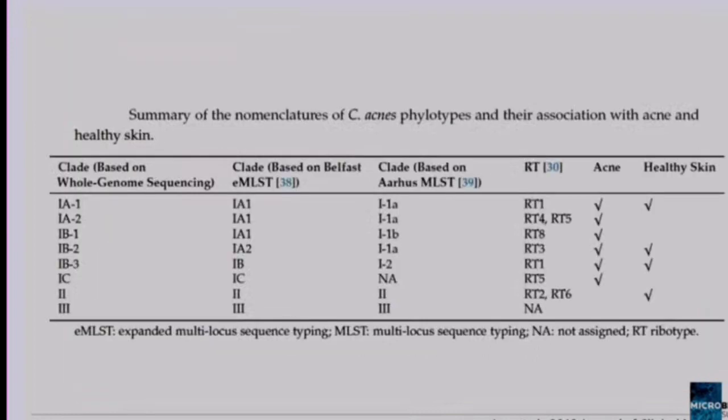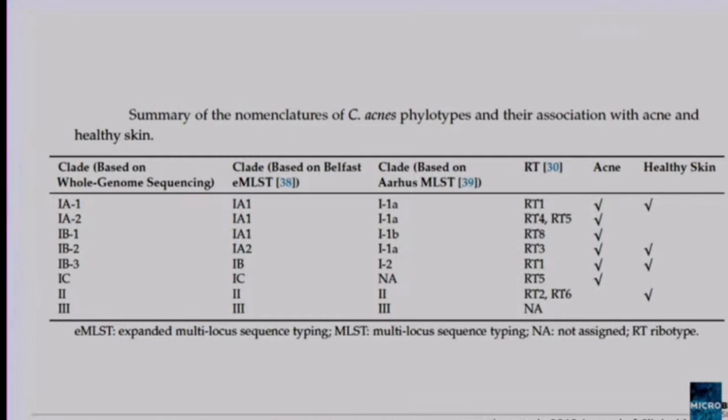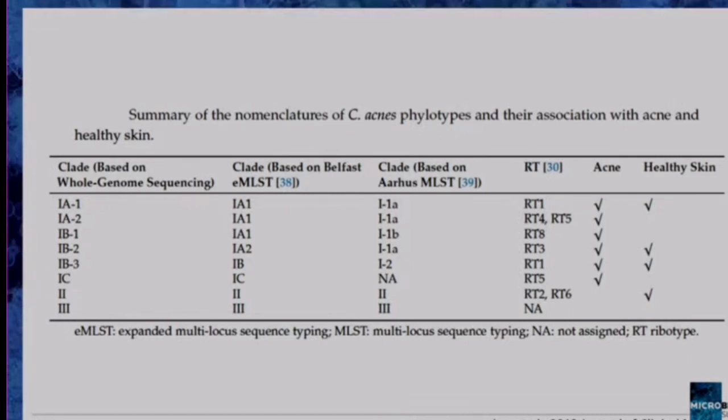This is a table that shows different typing methods, including the clade based on whole genome sequencing, clade based on the extended multi-locus sequence typing, and the ribotyping on the right side.